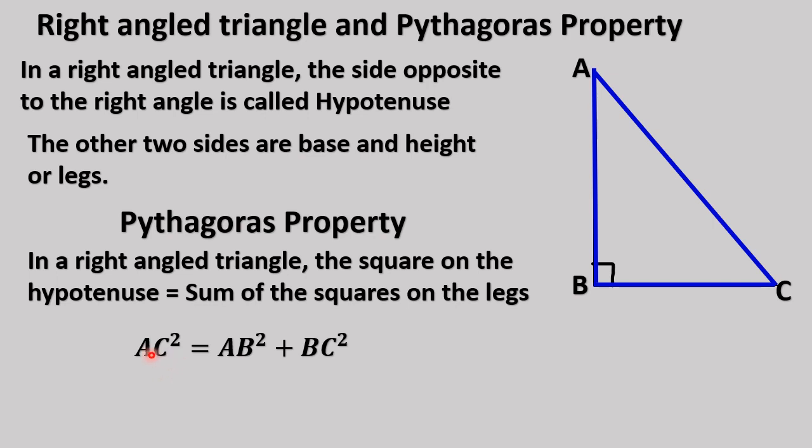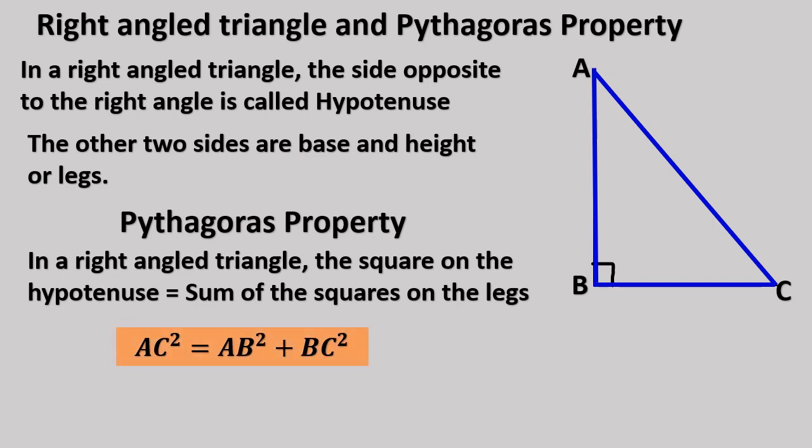So AC square is equal to AB square plus BC square. That means hypotenuse square is equal to base square plus height square.